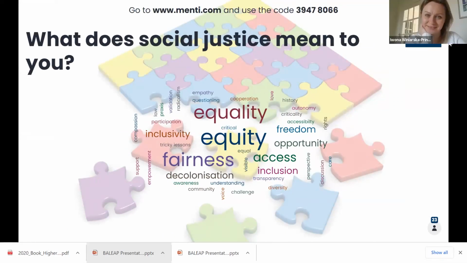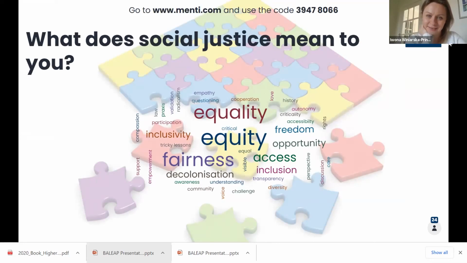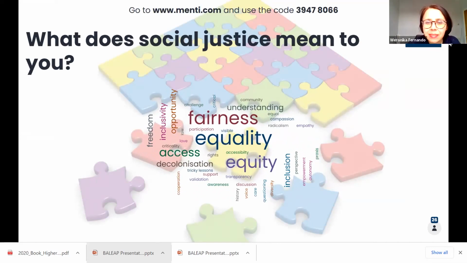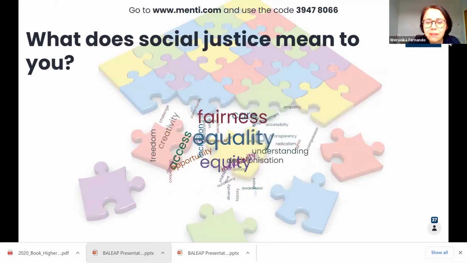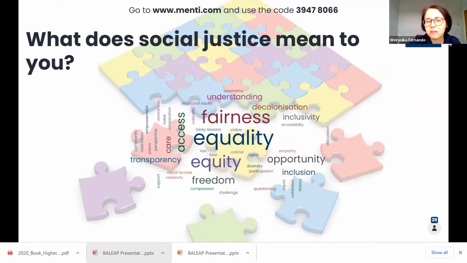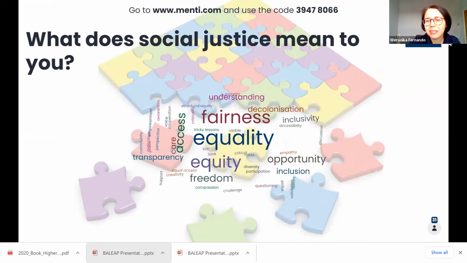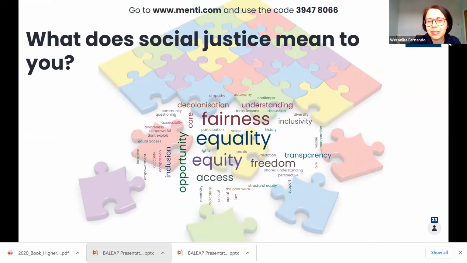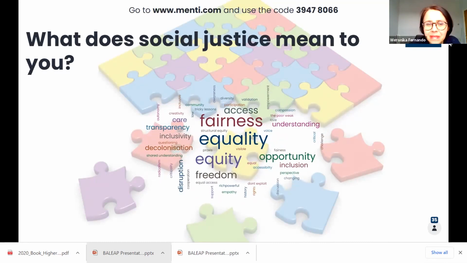There are some interesting words coming up. Very interesting, right? So equality and equity and fairness and opportunity, that really closely links with what we are getting as well. But there are some others, like decolonization, which have not come up.